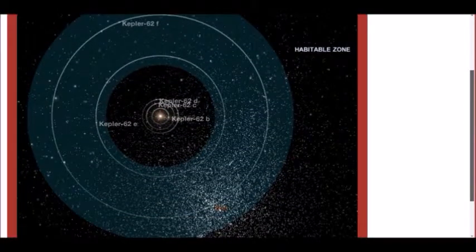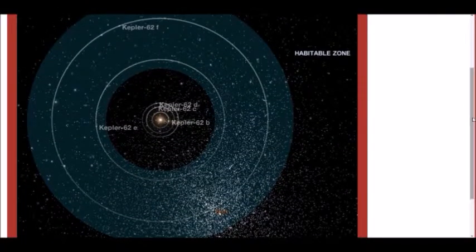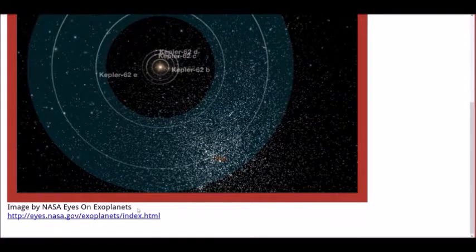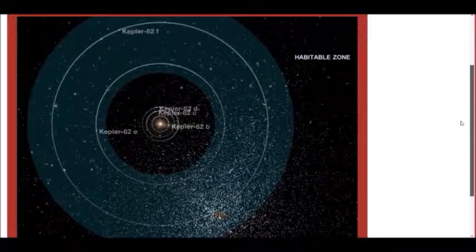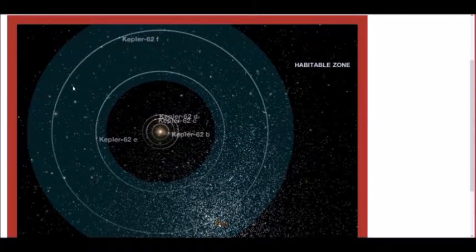Here you can see this image that I captured from NASA's Eyes on Exoplanets. This is the URL for NASA's Eyes on Exoplanets, and I recommend that you download it. It's a very good program. Kepler-62f has a nice circular orbit within the habitable zone.